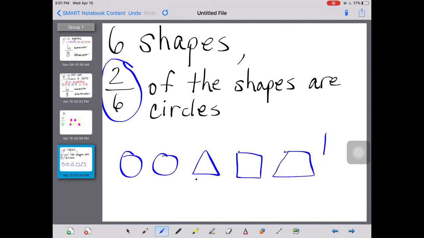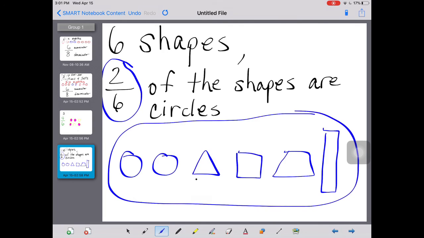And let's do a really long rectangle. All right. So here is my group of shapes. 2/6 of the shapes are circles because I have 1, 2, 3, 4, 5, 6 total shapes, and 2 of them are circles.